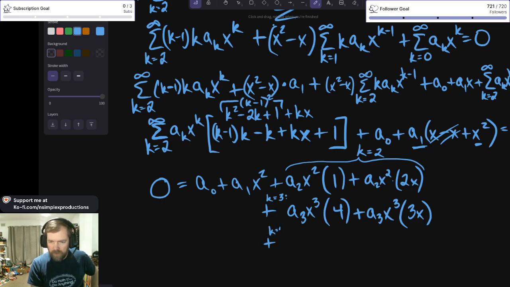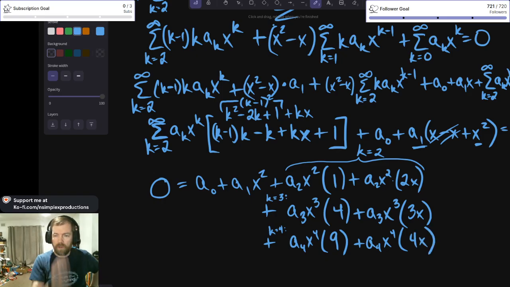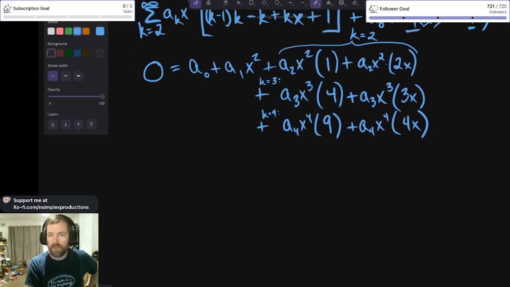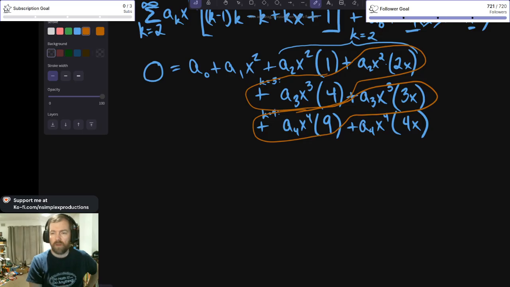Plus, when k equals 4, we have a sub 4 x to the 4 times 4 minus 1 is 3, squared is 9, plus a sub 4 x to the 4 times the quantity. This is 4x. Okay, and then that means that we're going to be adding terms this way. And these two.